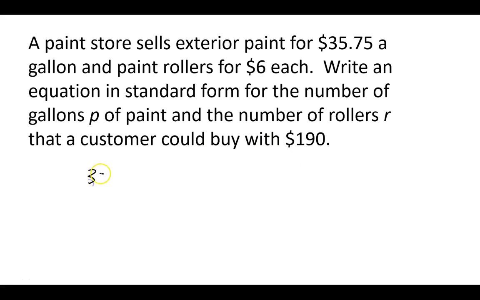So we have $35.75, and that's for every gallon of paint. That's called P. And then we add on to that $6 for every roller, R. And then that's going to total to the $190.